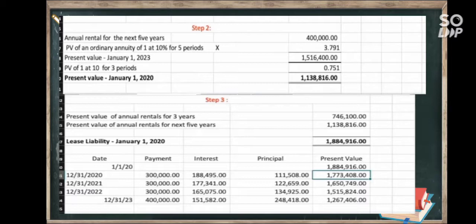So, we multiply them. Present value for January 1, 2023 is 1,516,400. Then this is multiplied by the present value of 1 at 10% for 3 periods, 0.751, to get the present value as of January 1, 2020. That is the steps to get the variable payment.